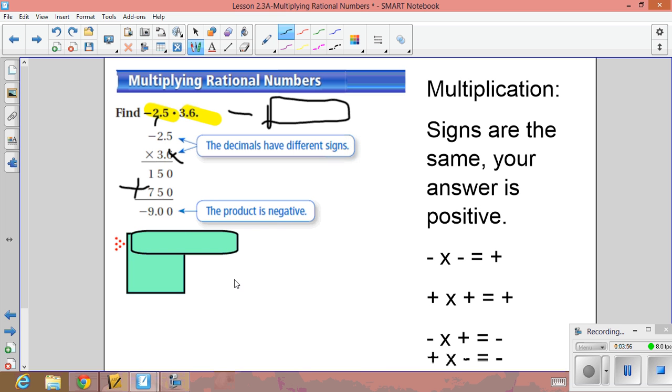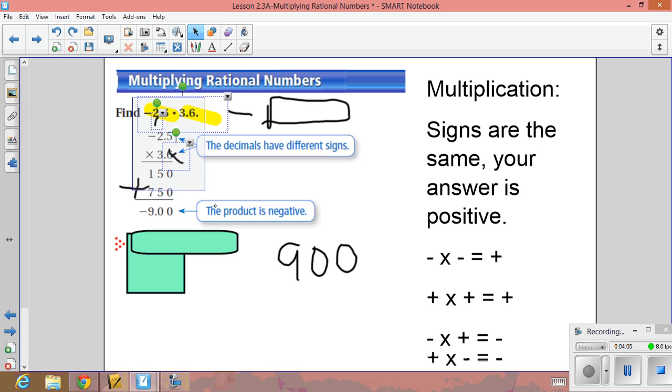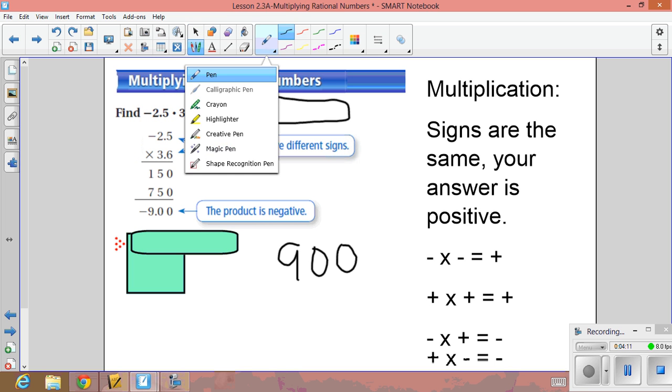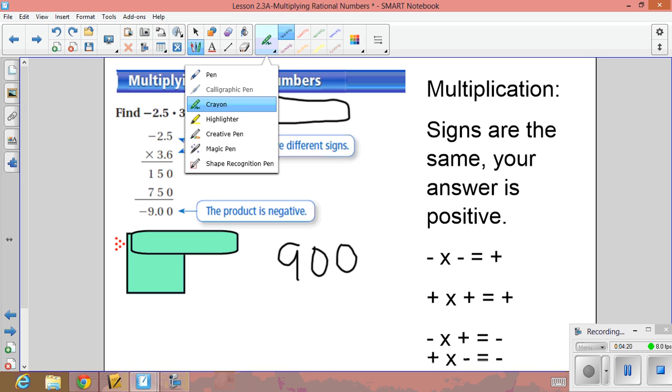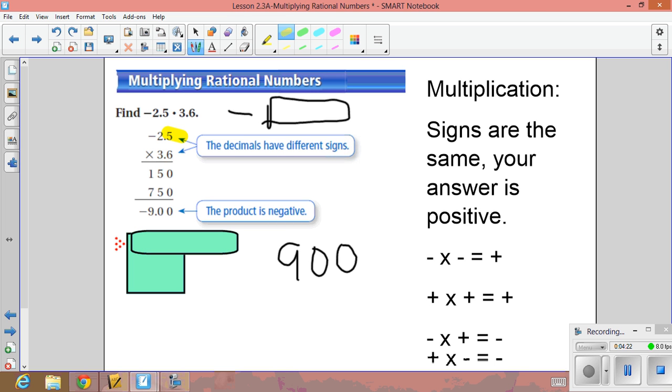So the next question is, the decimal point, we have so far 900 on our paper. If you go back to the original problem, how many decimal places are after the 2? And I hope you're saying 1 decimal place. There's 1 decimal place after the 2.